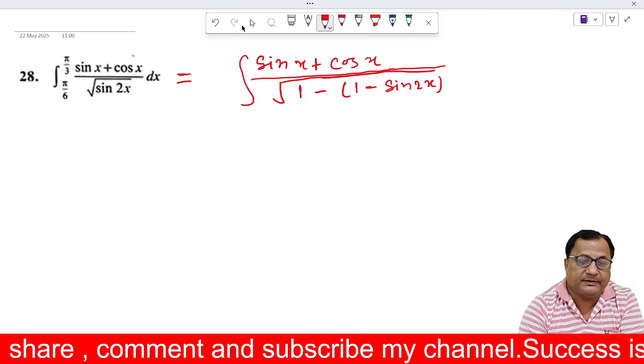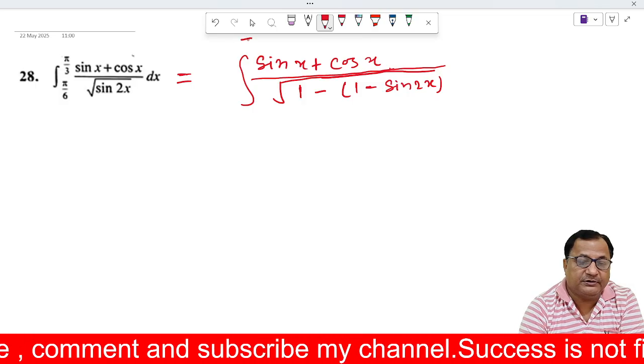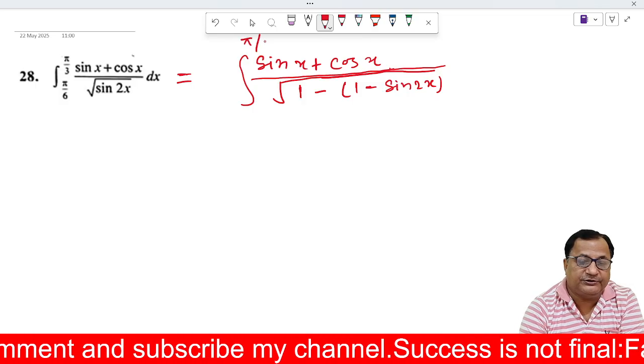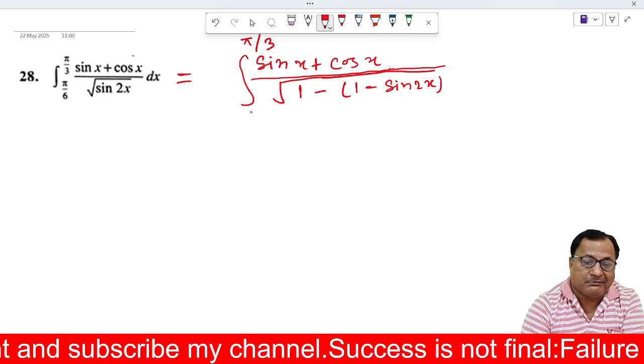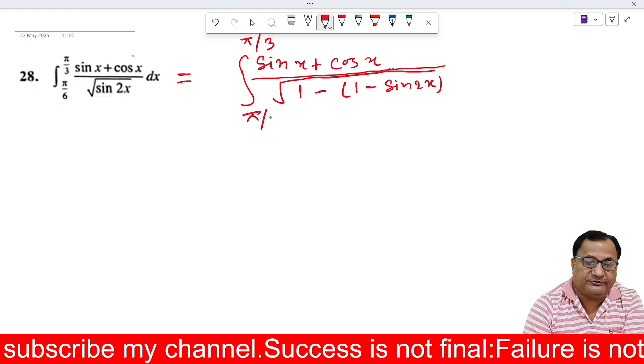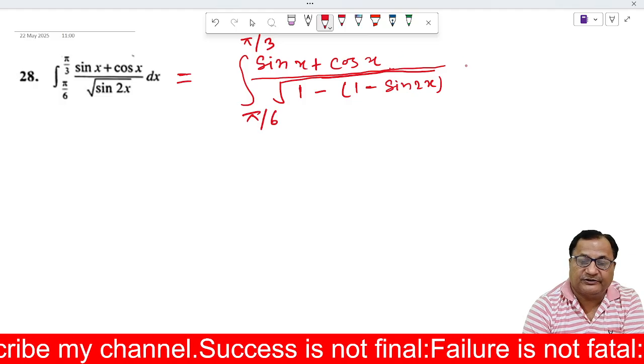Now the integration limit is pi by 3 and this is pi by 6, dx.